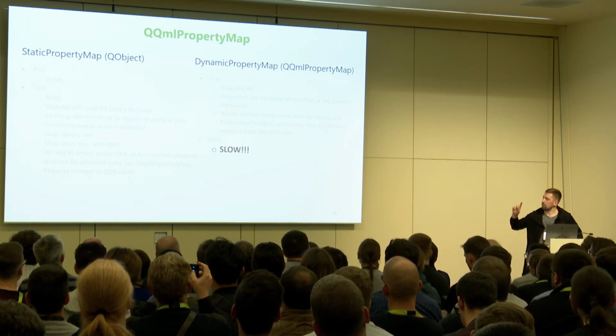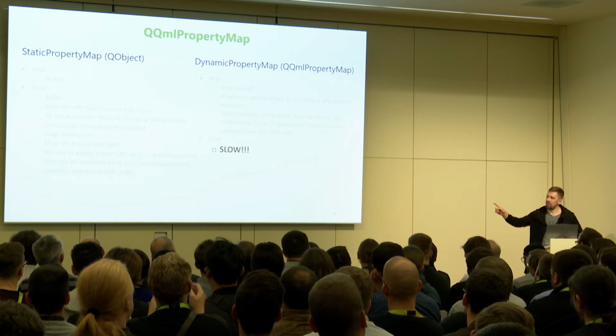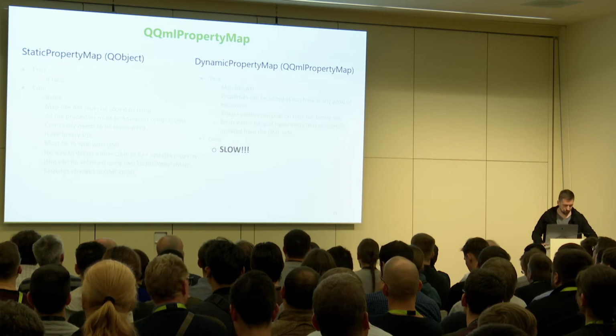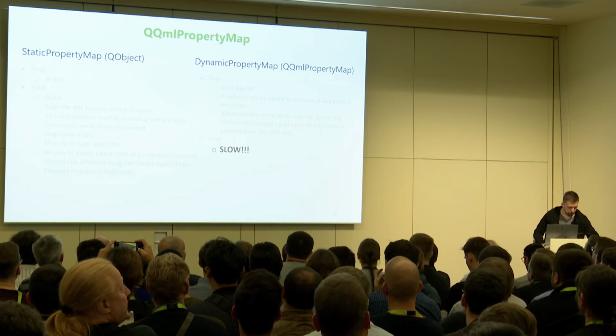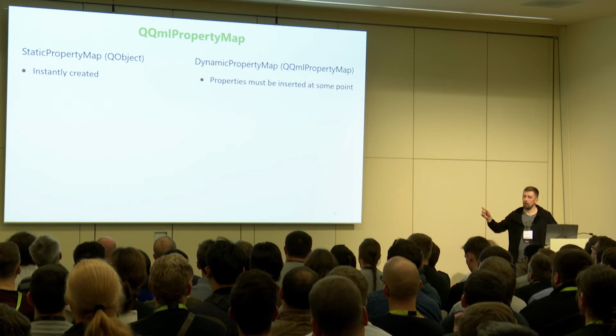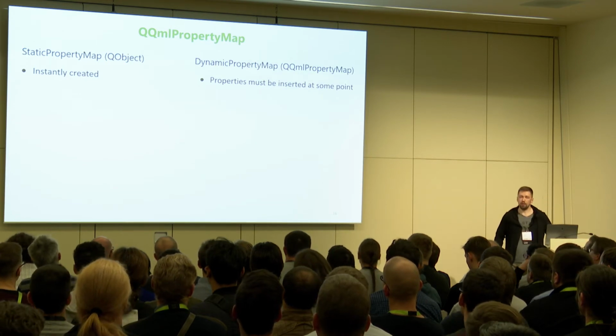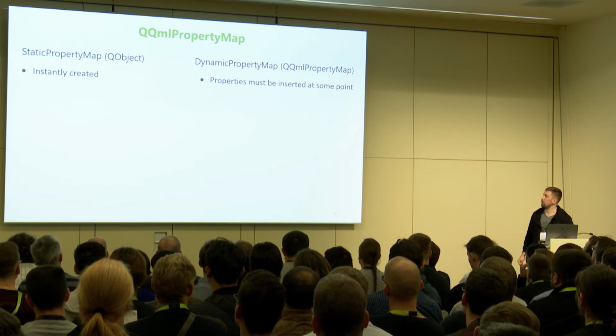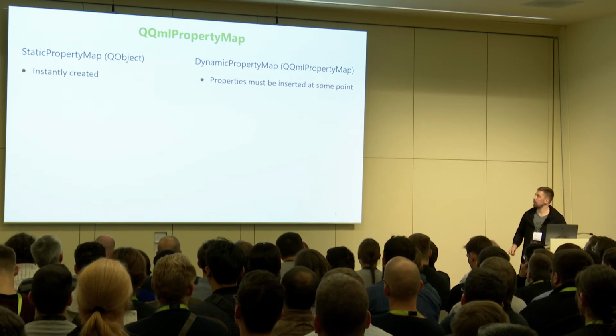But before addressing the performance problem, let's address the less tricky problem first. With the static property map approach, all the properties are instantly created by moc at compile time. But with the dynamic property map, all the properties must be explicitly inserted at some point.